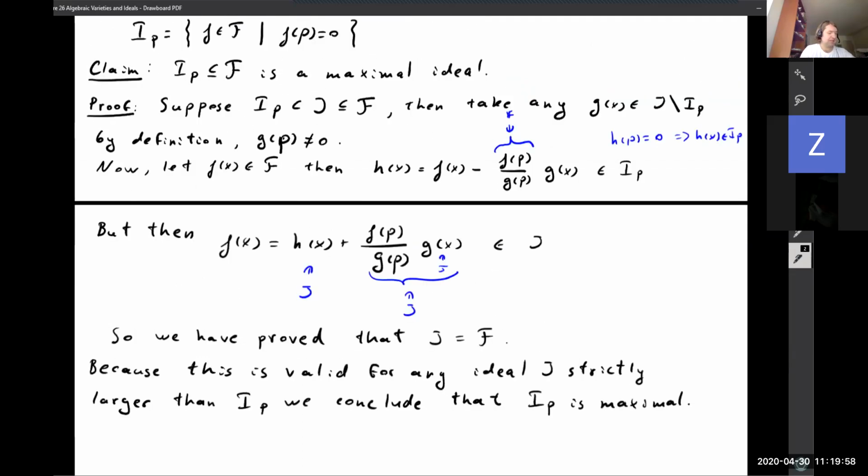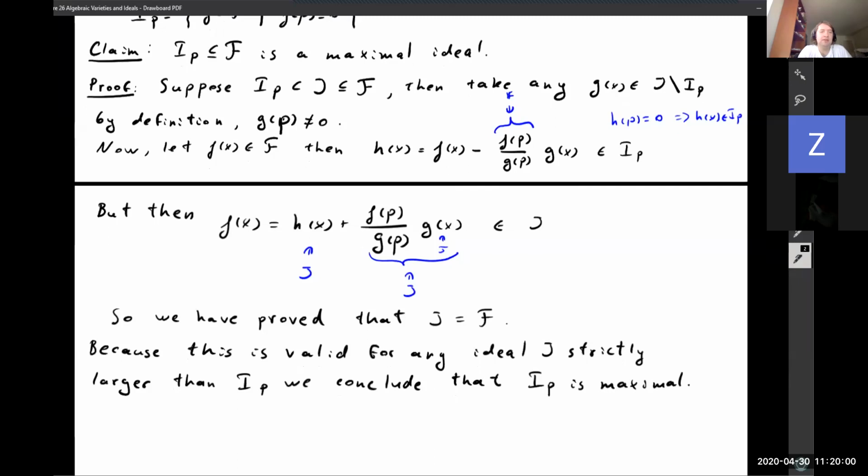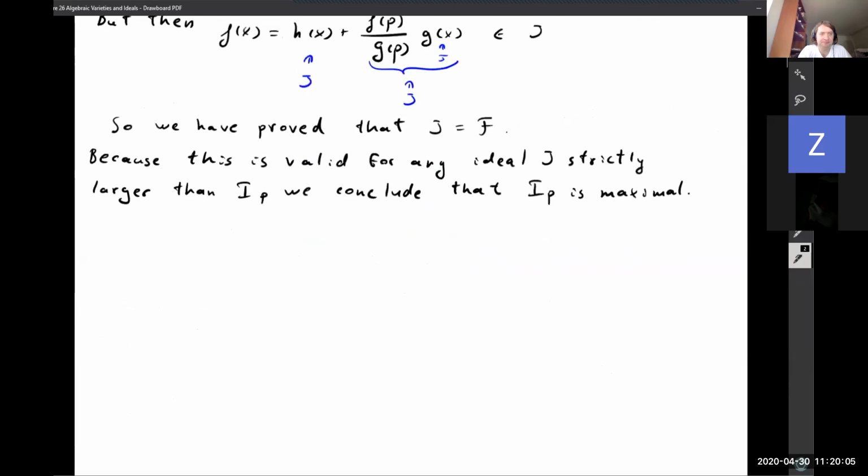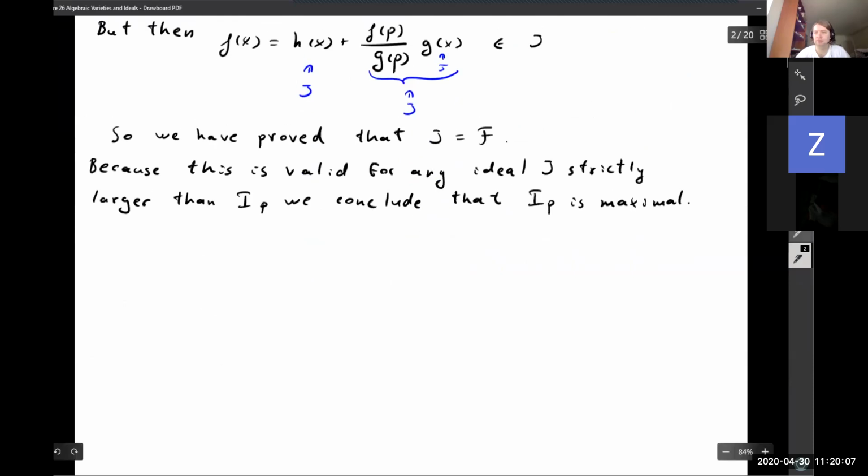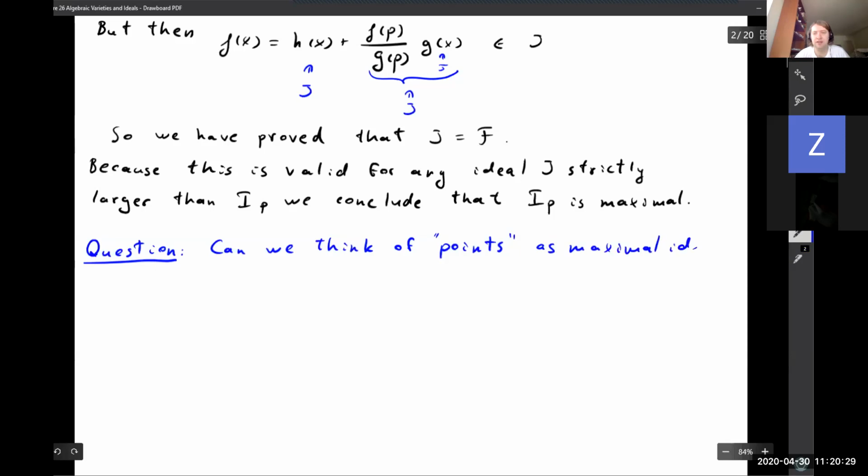Okay, so now we have the question whether we can think of points as maximal ideals.